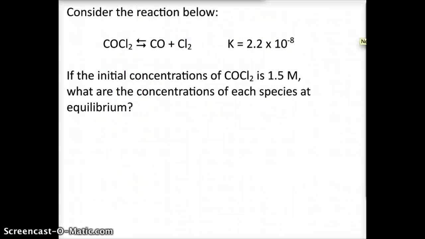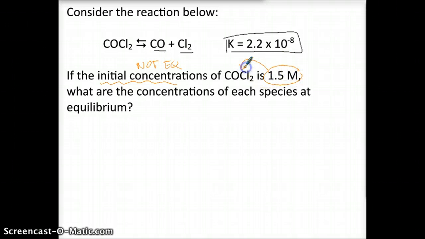So, consider the reaction below. CoCl2 is in equilibrium with carbon monoxide, CO, and Cl2. I'm given K, okay? That might be helpful for me. I'm given the equilibrium constant. What information do they give me now? If the initial concentration, so that's, again, remember, that's not equilibrium, of CoCl2 is 1.5 molar.